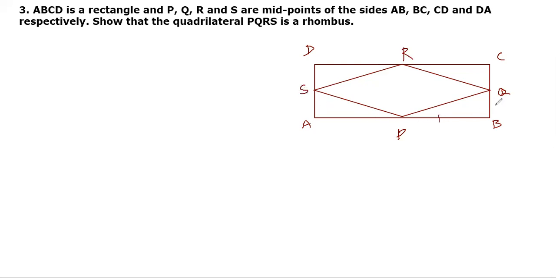Midpoints means this is equal to this, and this is equal to this. So we can show these two are equal, and these two are equal, and these two are equal.